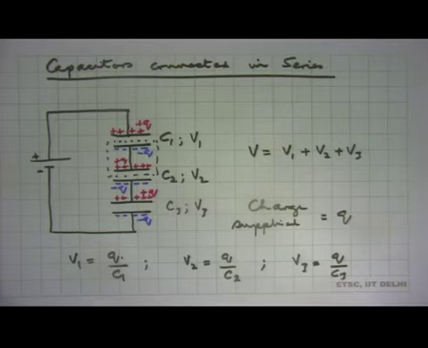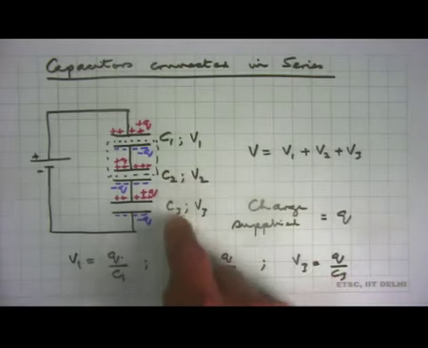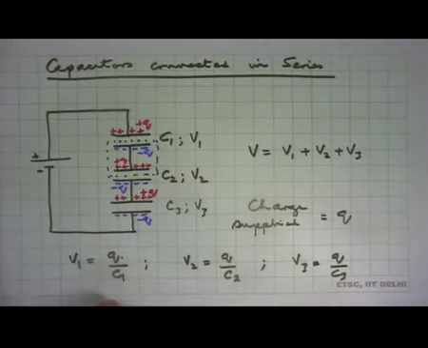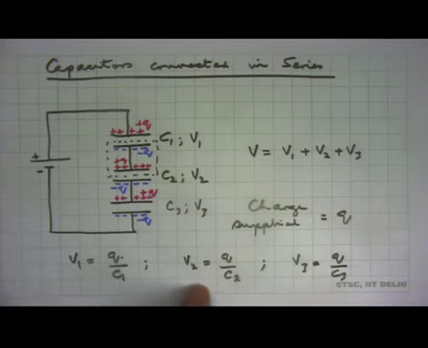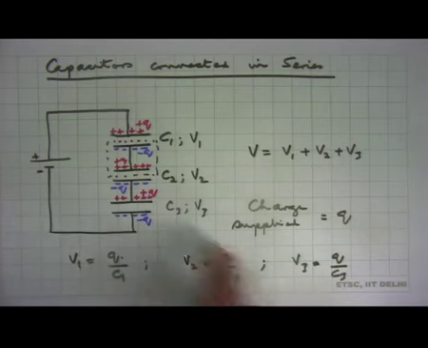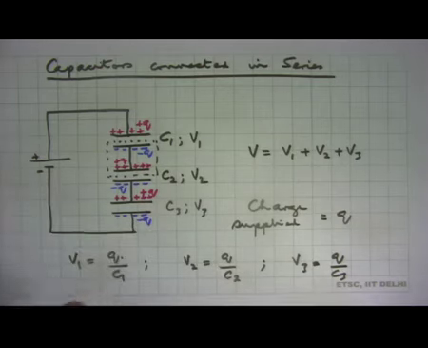So, the total potential difference is V1 plus V2 plus V3. Each of the capacitors has a voltage V1 which is Q by C1, V2 which is Q by C2, and V3 which is Q by C3, where C1, C2, C3 are the 3 capacitors, and I have used the fact that all the capacitors have the same charge Q supplied to them, and this is the charge supplied by the battery.